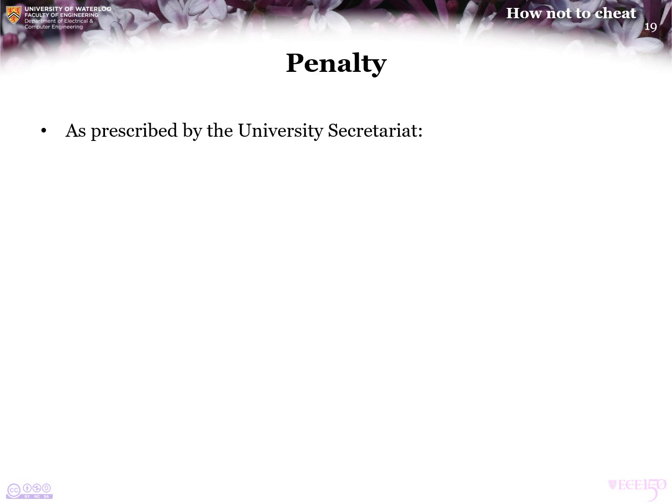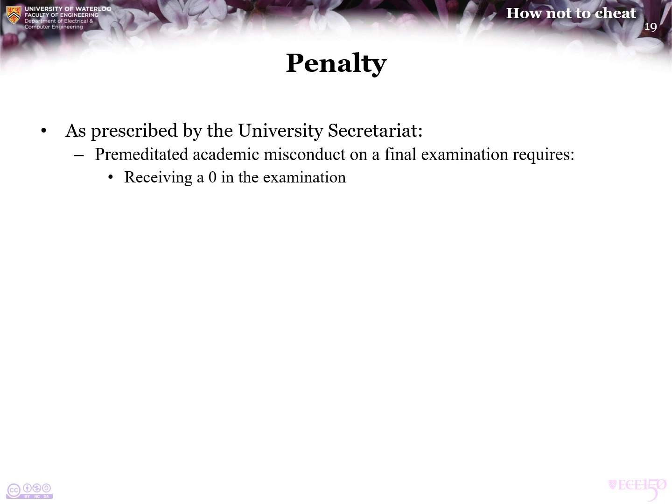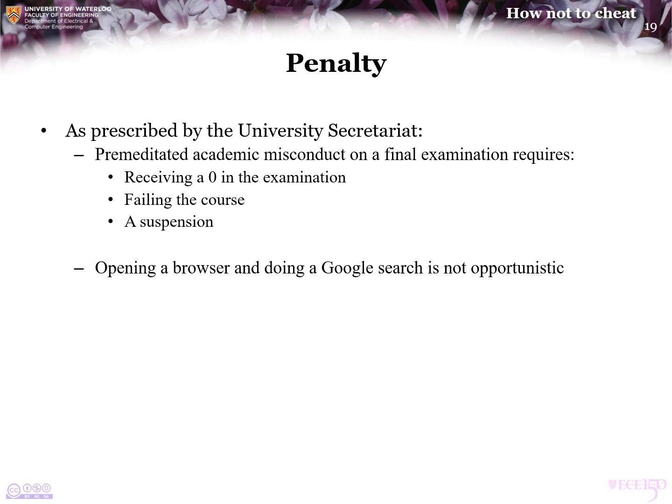Now, as prescribed by the University Secretariat, premeditated academic misconduct on a final examination requires a 0 in the examination, failing the course, and a suspension. Opening a browser and doing a Google search is not an opportunistic attempt at academic misconduct.